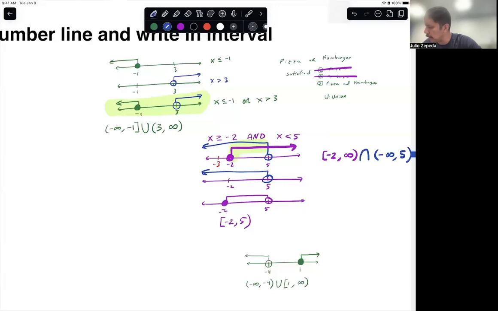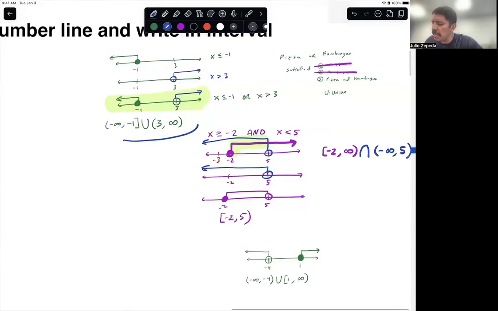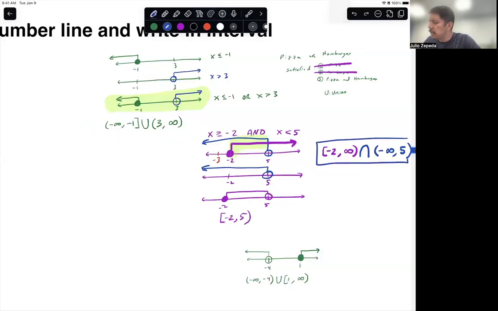It looks like an N, kind of for AND or for intersection. Rather than uniting the two interval notations and putting them together as one bigger cluster, the intersection is just finding where these two sets intersect, or have values in common. And so the simplified version is this one here, from -2 to 5.